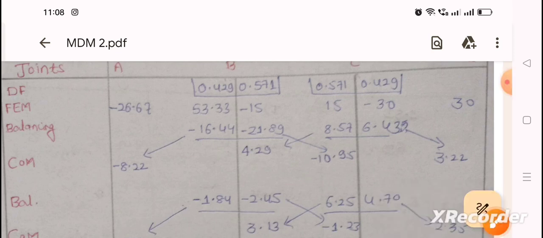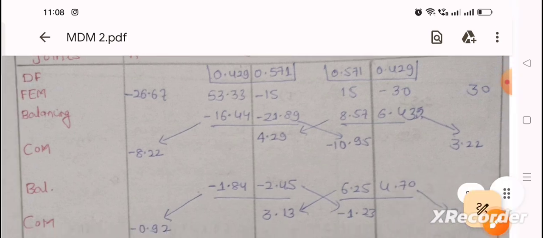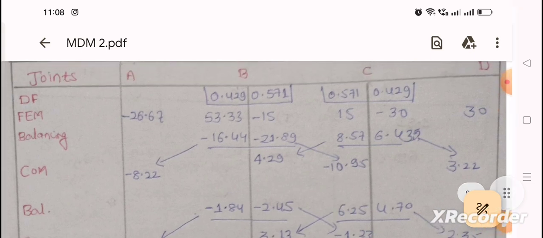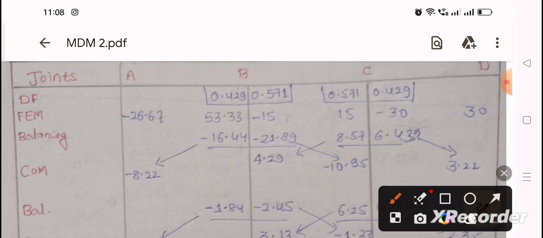Next, after that, what will we do? Here how much value are we getting? 4.29. So this 4.29 should be multiplied with 0.429. If we multiply 4.29 with 0.429, you are getting plus 1.84.